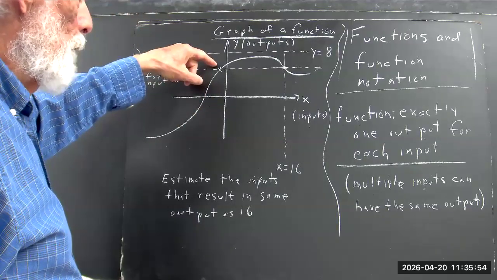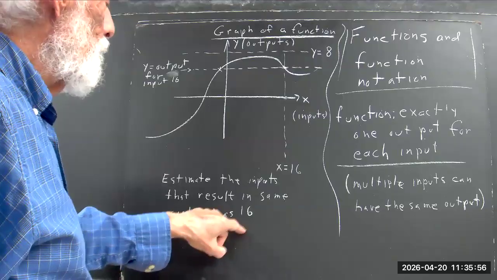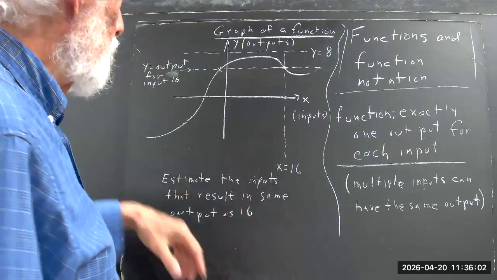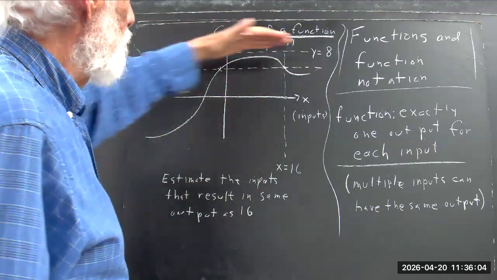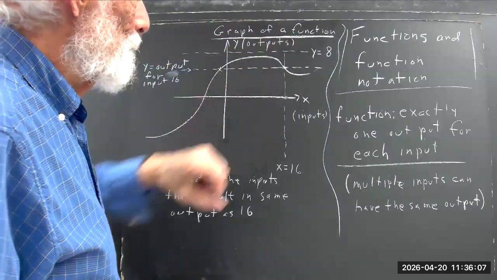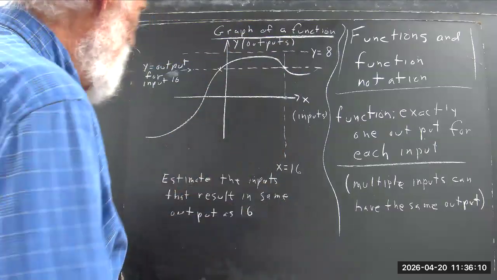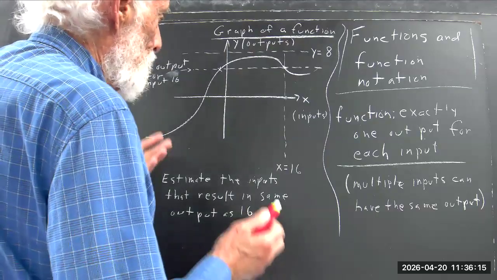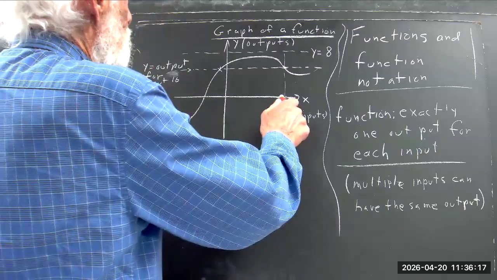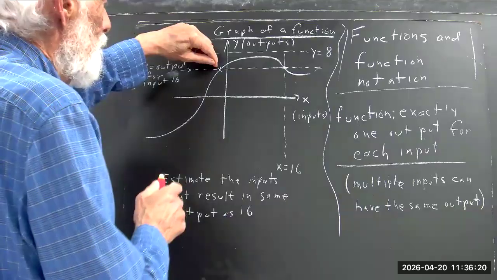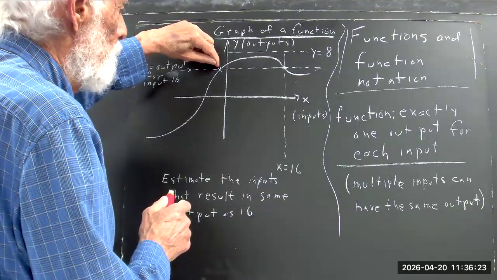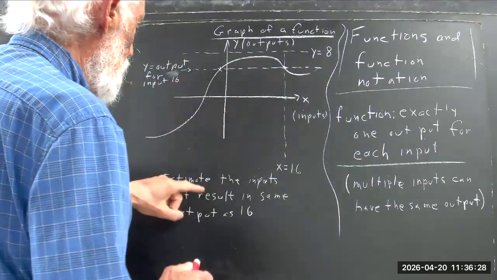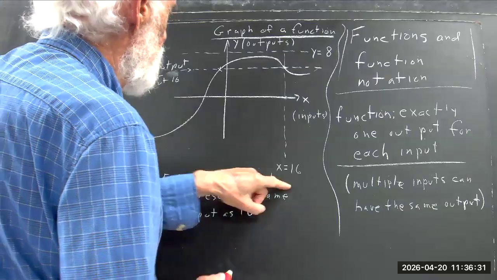At this point on the graph, the output is identical to the output for 16, assuming that I've drawn this figure correctly. This line should be horizontal, and they're not really completely parallel. So there's some uncertainty in my sketch, but the best estimate you can make is that whatever x value corresponds to this point is going to be another input that would give you the same output as the input 16.